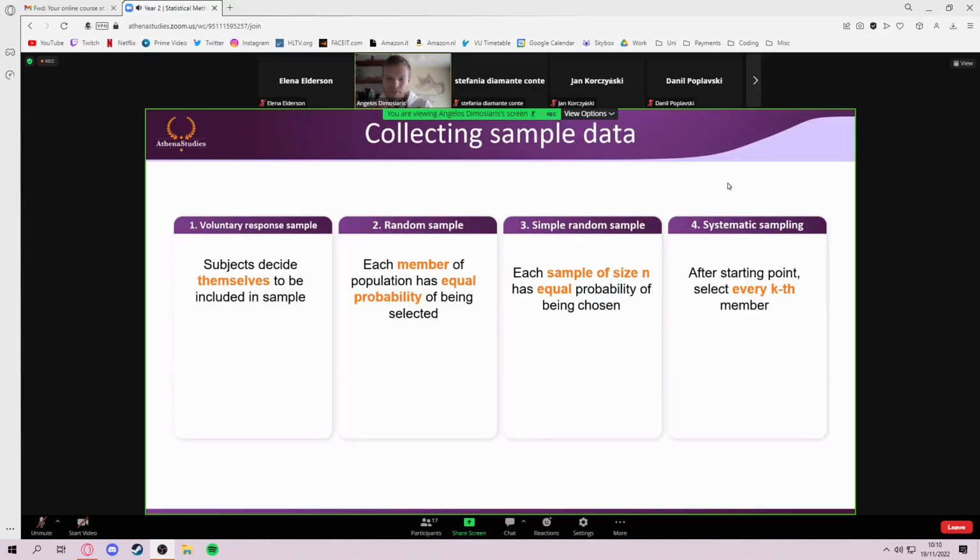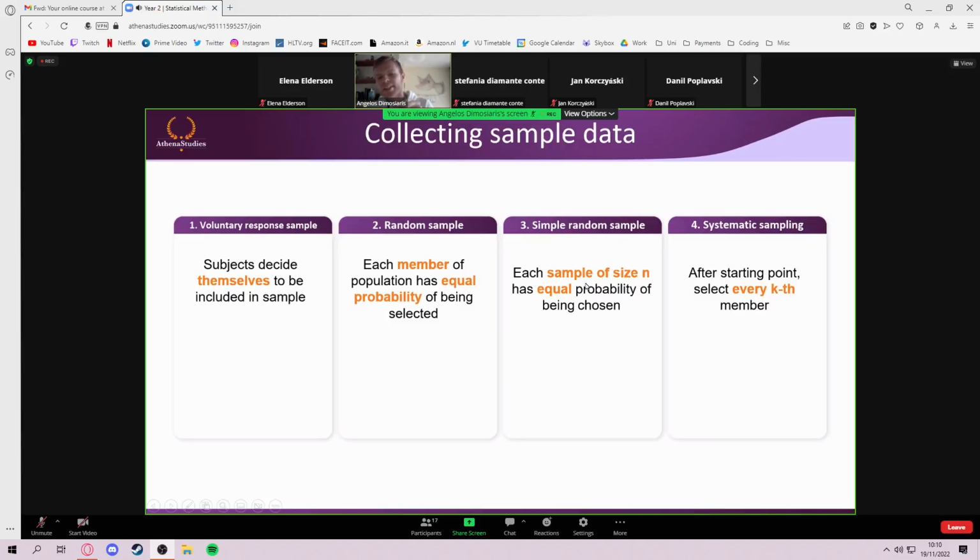Now, what the difference between these 2 techniques is, is the things that have equal probabilities. So in the first case, in a random sample, it is each member of the population that has equal probability.